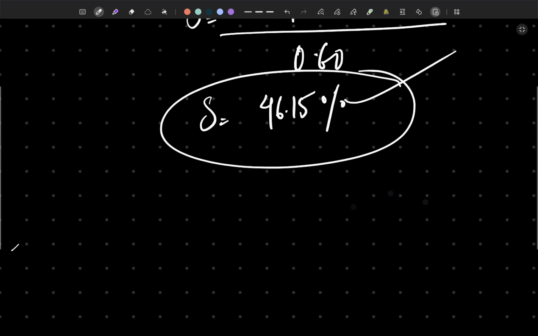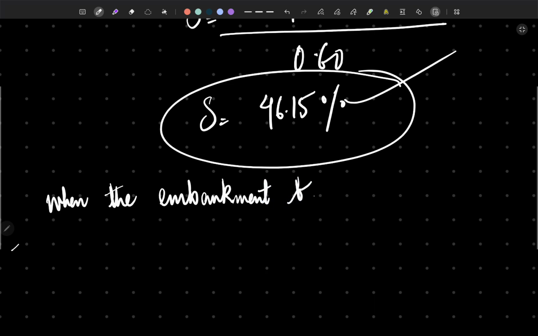So when the embankment becomes saturated, the degree of saturation S becomes 1.